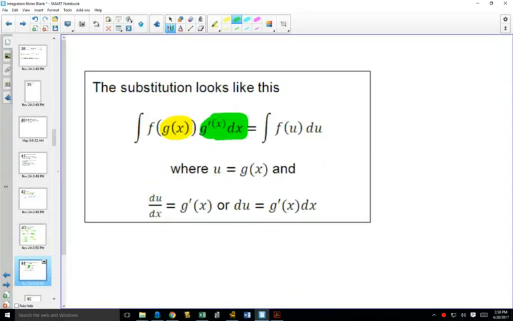What you're going to do is make u equal to g of x. And then if you took the derivative with respect to x of this, if u was equal to g of x, then du dx would be g prime of x.